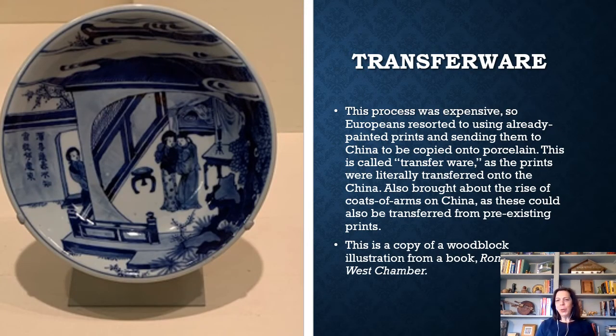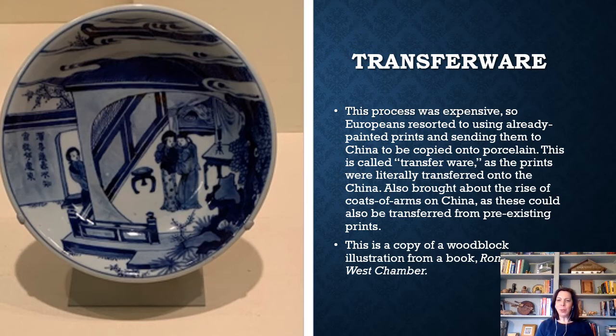But that, of course, was pretty expensive, right? Anytime you have to pay an artist to come up with designs, maybe have them go to China, that becomes really expensive. So this is where the concept of transferware was developed. And this came about first by taking a look at books.